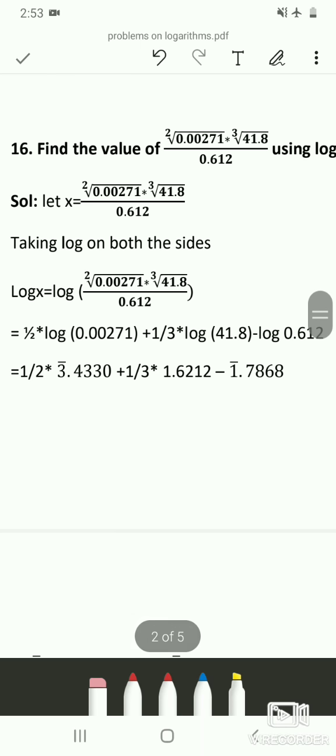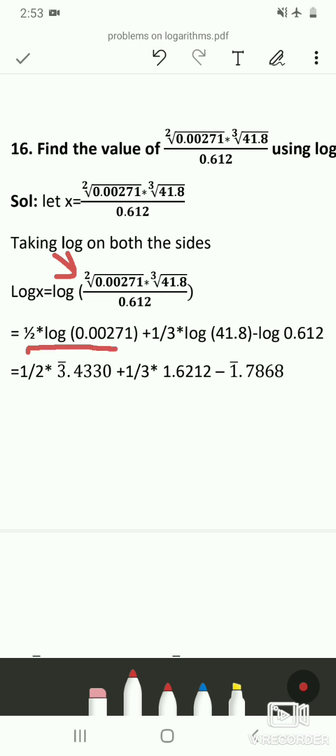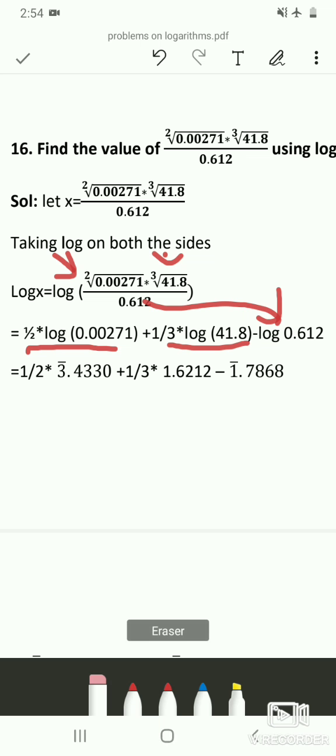So again, the first step is consider the given term as x and take log on both the sides, and again the given term is of the form m upon n, and here m is of the form nth root of m, so use the fourth law and you'll obtain this term, and this is simplified as 1 upon 3 into log of 41.8 minus log of 0.612. So you have used all the three laws, that is first law, second law and the fourth law.